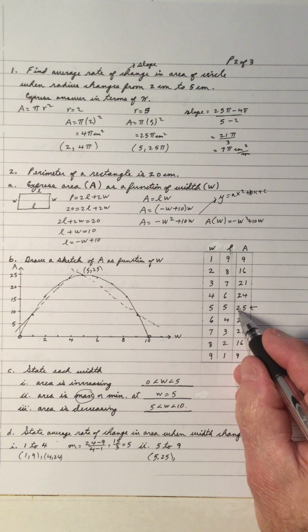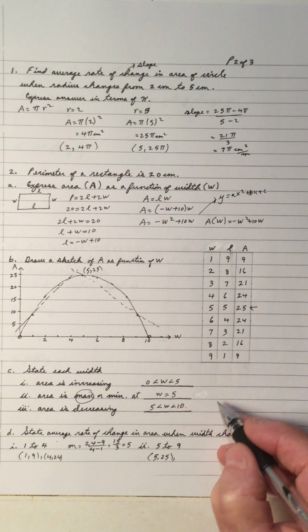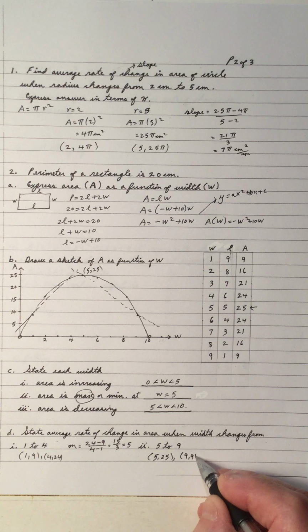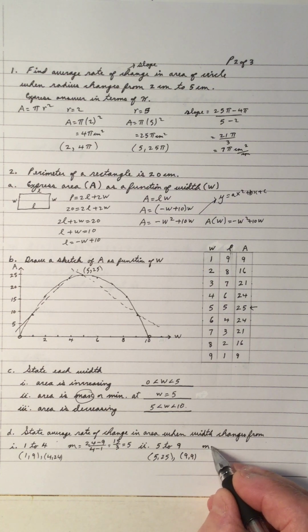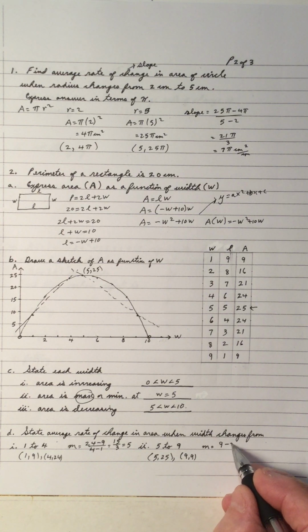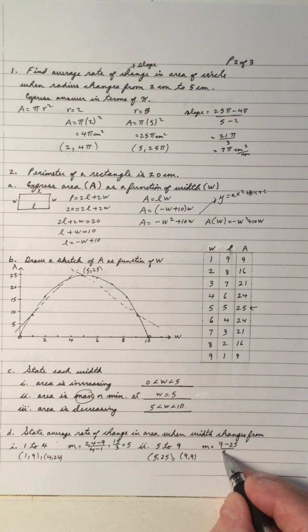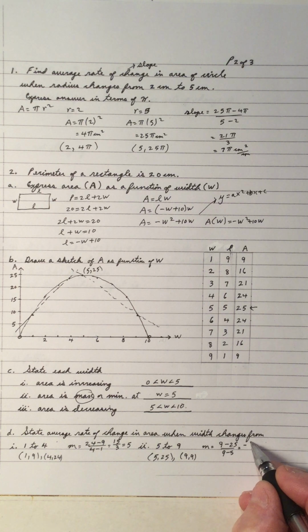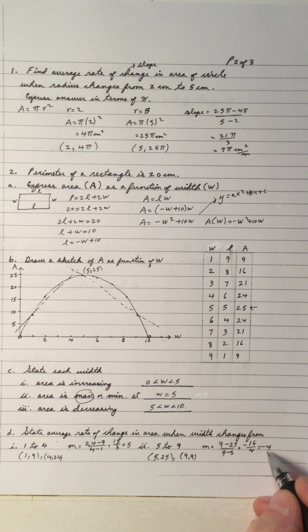5 gives us an area of 25, and 9 gives us an area of 9. So what's the area rate of change? It's (9 minus 25) over (9 minus 5). So that's negative 16 over 4, so it's negative 4.